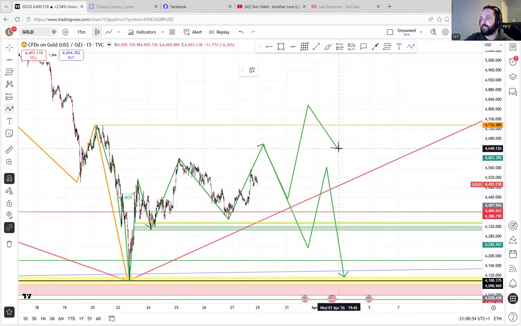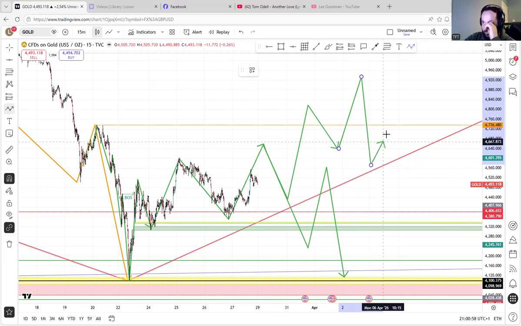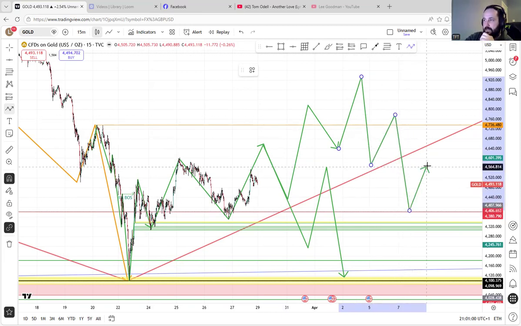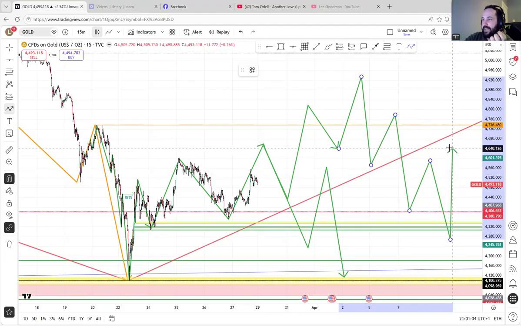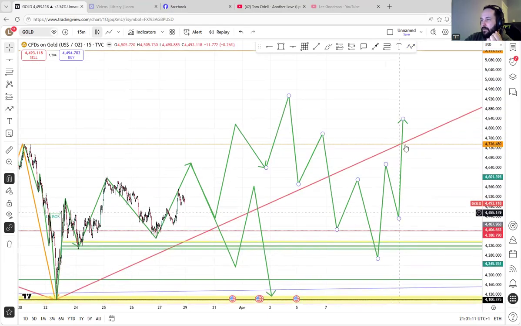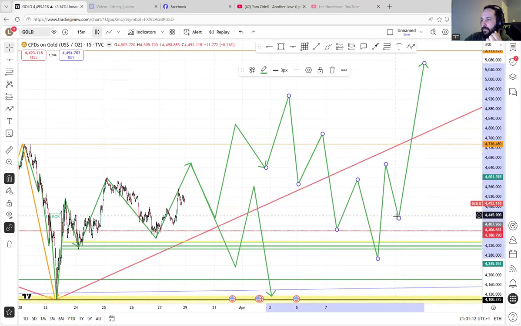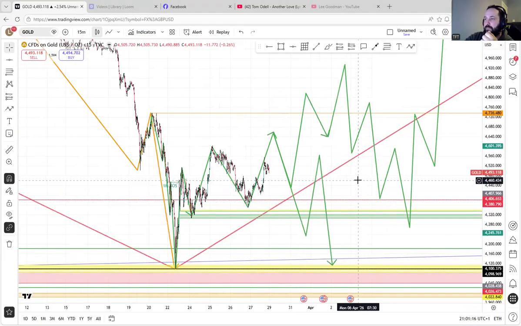But yeah, if it does take the high, we'll maybe get a couple of swings, and then it'll come back for something, and then again it'll give us another opportunity when it takes the high again. They're the two options on the table at the minute.